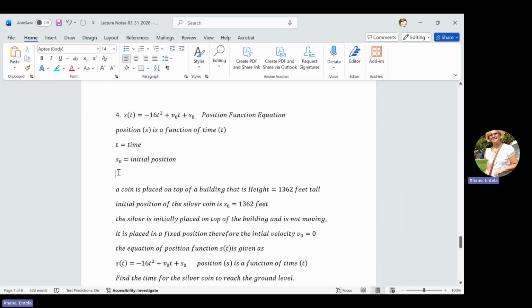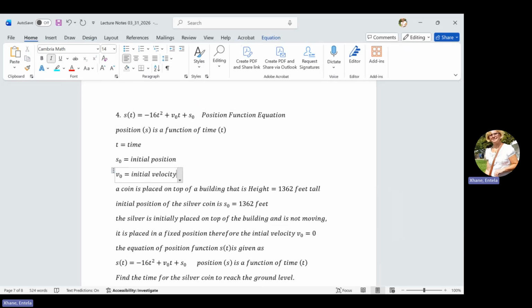Another extremely important element of this equation is the V0. The V0 stands for initial velocity. Again, you have to pay attention to the language of the application, meaning I can give you an example. Example of a swimmer diving into the pool from a platform. A platform is placed, let's say, 200 feet above the surface of the water.